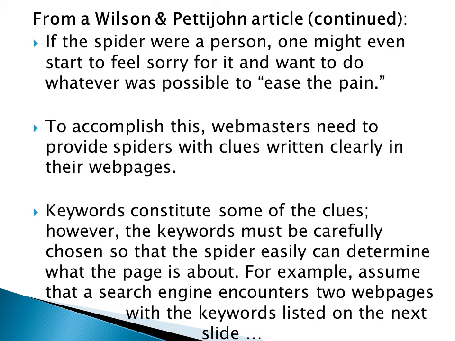For example, assume that a search engine encounters two web pages with the keywords that are listed on the next slide. I'm going to give you an example of confusing a spider versus making it easy for a spider to determine what a web page is all about. Let's go to the next slide.